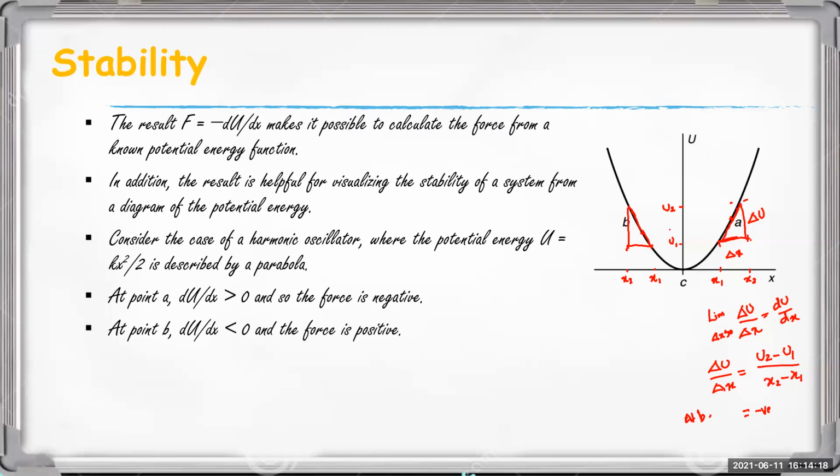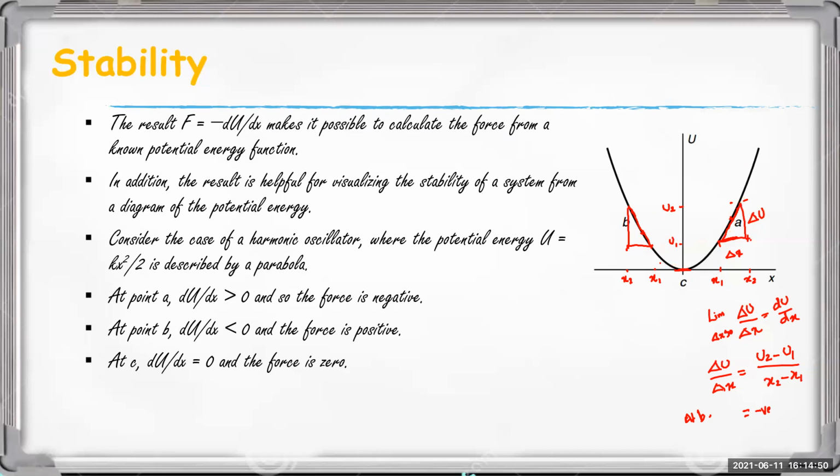And what about this point? At this point, there is no difference in delta u. So at C, du by dx is equal to 0. So the force is 0. Actually, this is the slope. Here the slope is positive. Here the slope is negative. This is an increasing one.